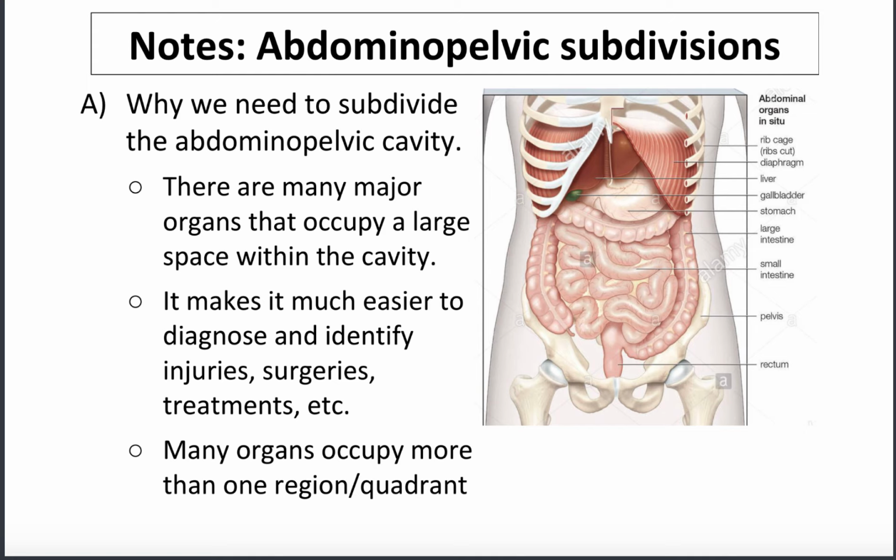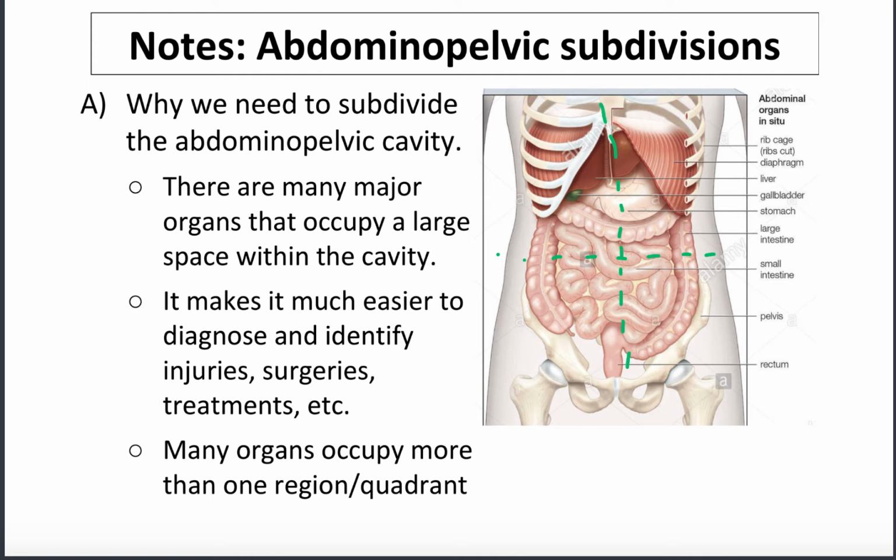Now, why do we actually, as anatomists, subdivide the abdominopelvic cavity? These subdivisions are imaginary. What we're basically doing as anatomists is mentally drawing imaginary lines over the abdominal cavity.